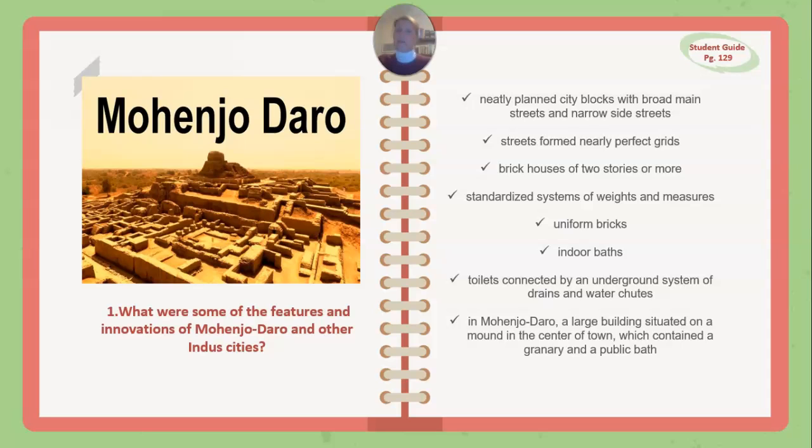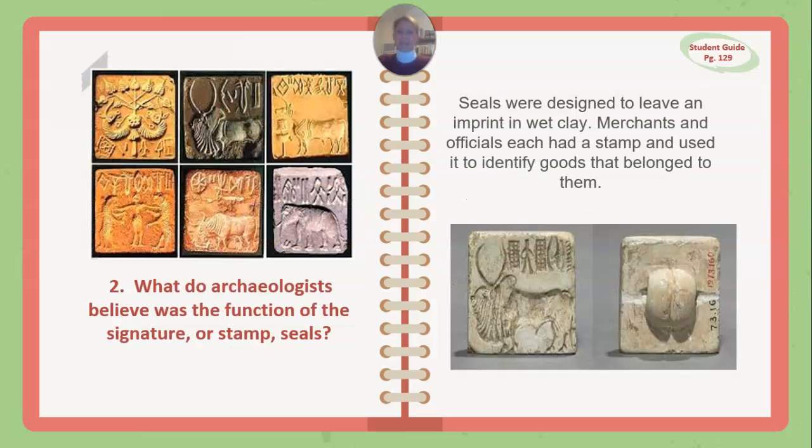Brick houses of 2 stories or more, a standardized system of weights and measures, uniform bricks, indoor baths, which, think about that, way back in ancient civilizations, toilets connected by an underground system of drains and water chutes, and in Mohenjo-Daro, a large building situated on a mound in the center of town which contained a granary and a public bath. And a granary is a place where grain is stored.